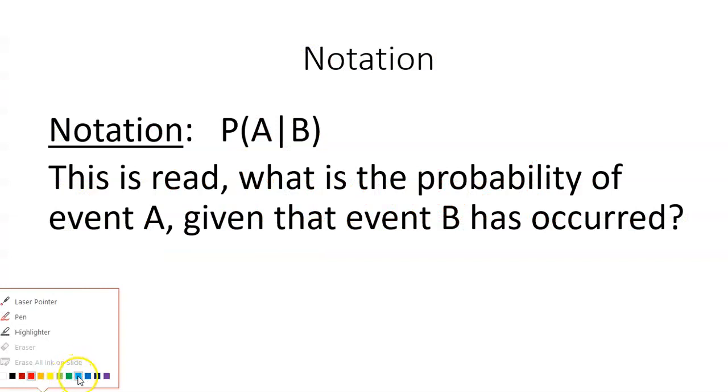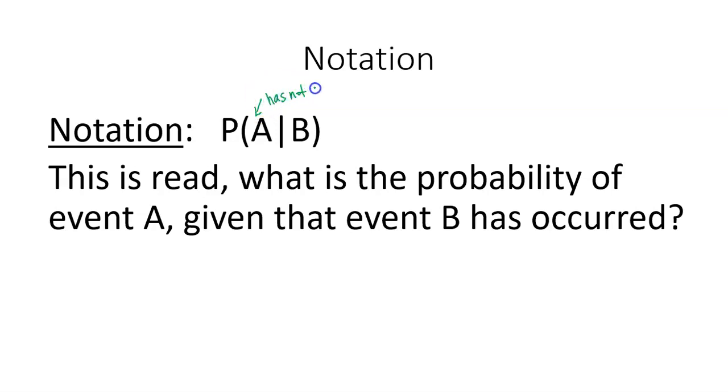The first one is the one that we want, that hasn't occurred yet, but we want that probability. And the second one, the one that comes after this bar, is the one that has already occurred.